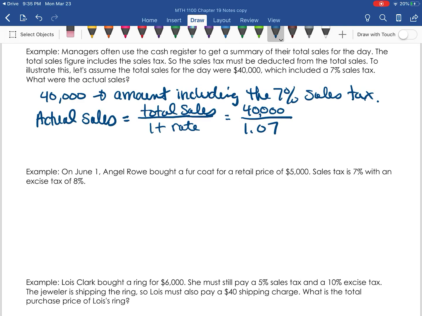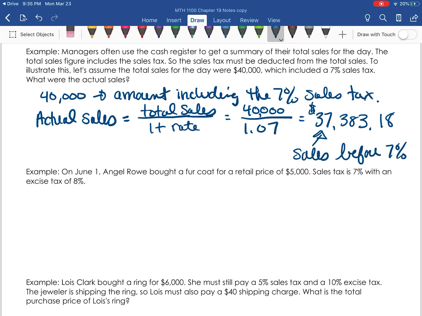If I take 40,000 and divide it by 1.07, that's going to give us $37,383.18. So this was the amount of sales before the 7% sales tax. You can check it by taking 7% of the $37,383.18 and adding it in, and that should give you a total of 40,000.